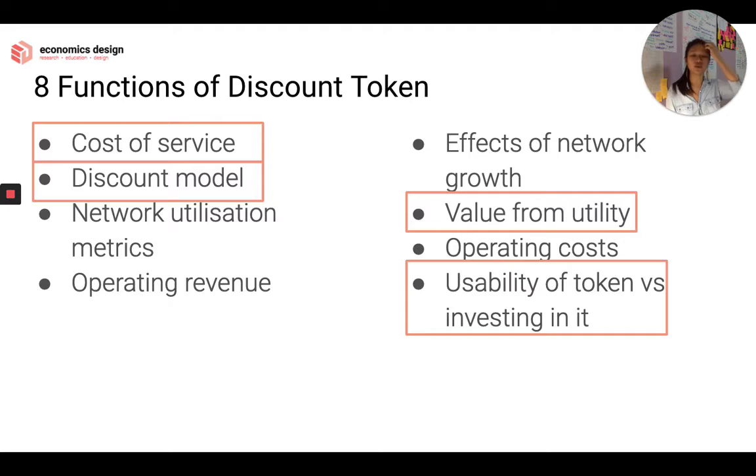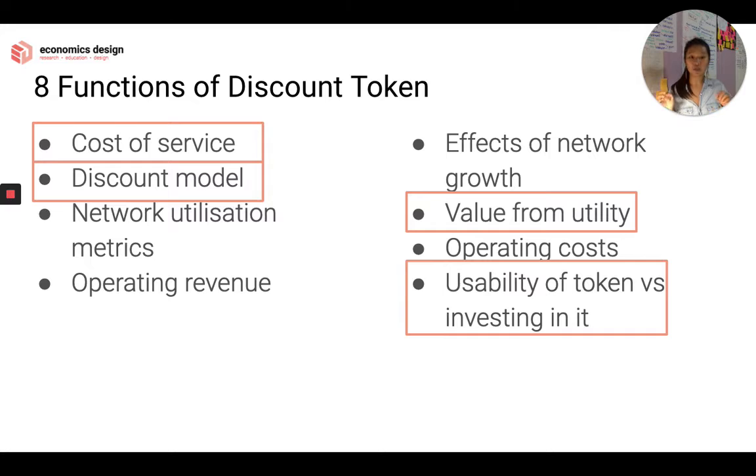Because we are getting value from utility, we want tokens to be used, and we want to incentivize that behavior instead of incentivizing the behavior of investing. So everything is gone into in detail in the lecture notes.